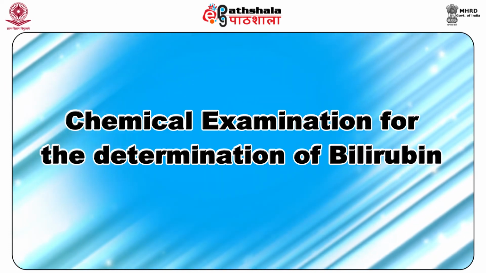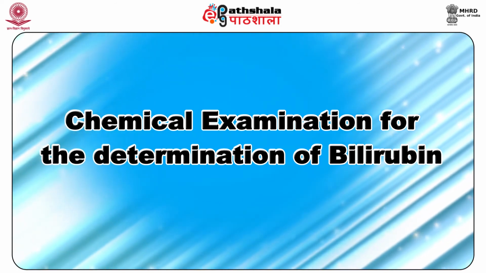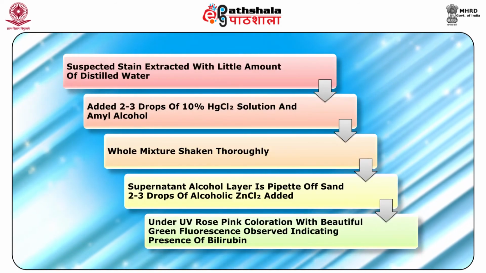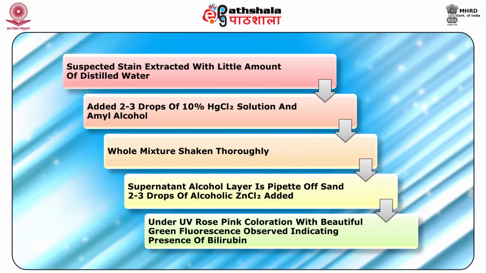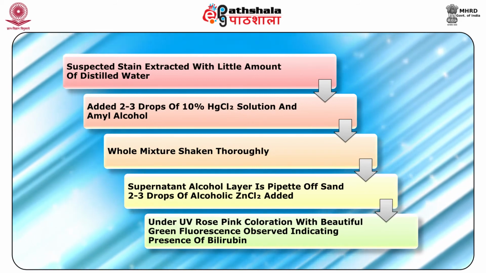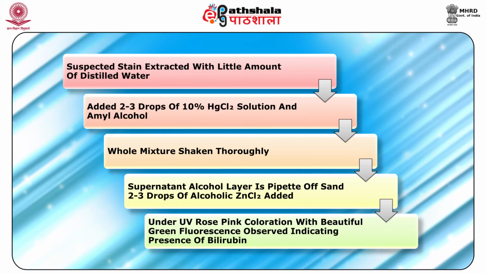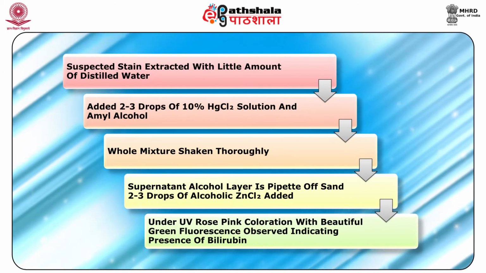Now, secondly, we will discuss the chemical examination for the determination of bilirubin. A portion of the suspected stain is extracted with a little amount of distilled water, and 2 to 3 drops of 10% mercuric chloride solution are added.